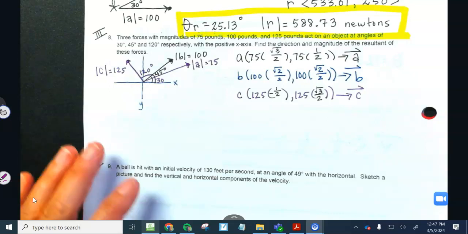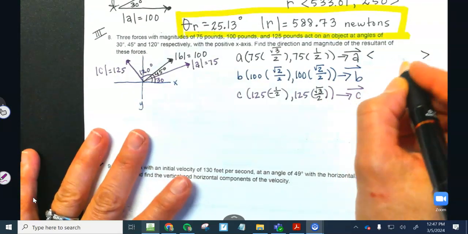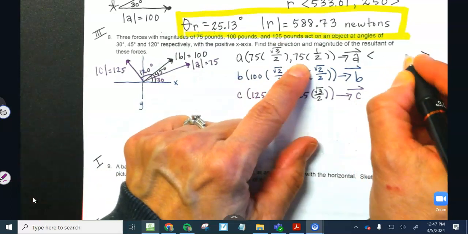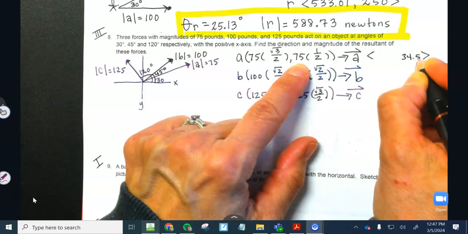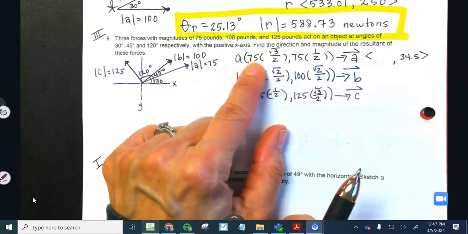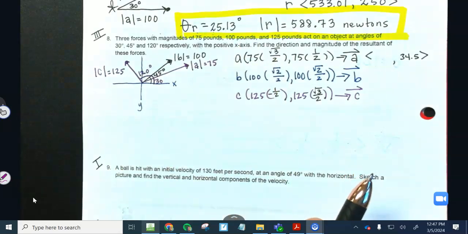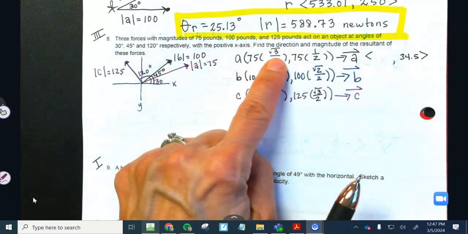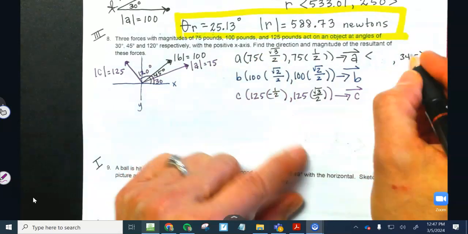All right, so for component form, again, guys, I don't really have these memorized. I know 75 is 37.5. Oh, oops, it is.